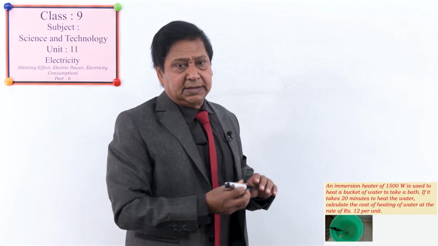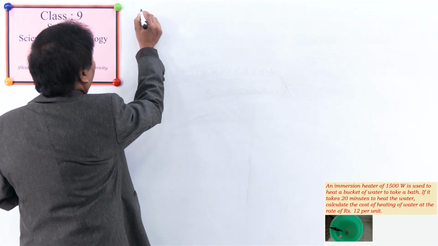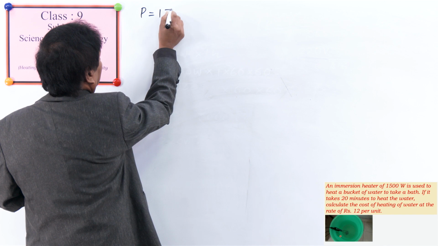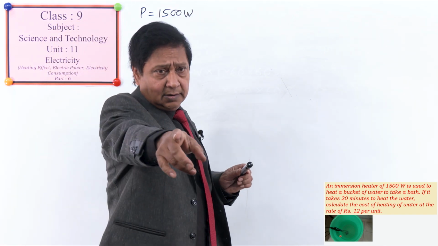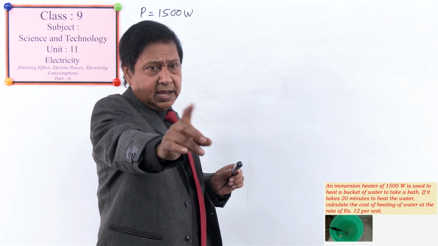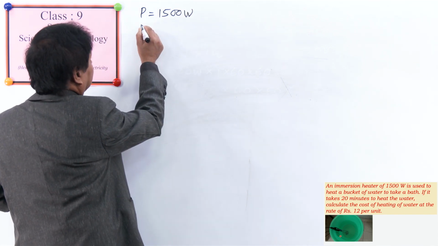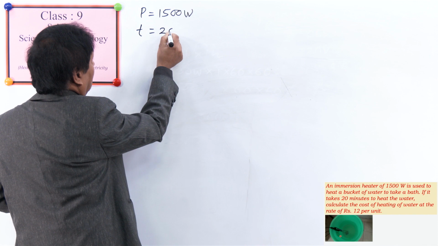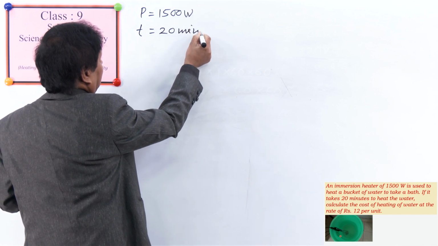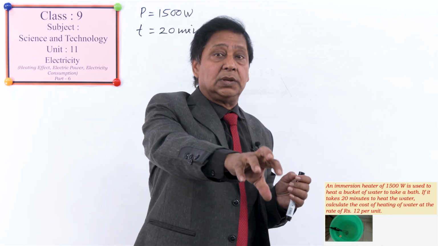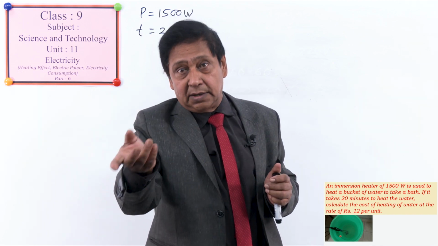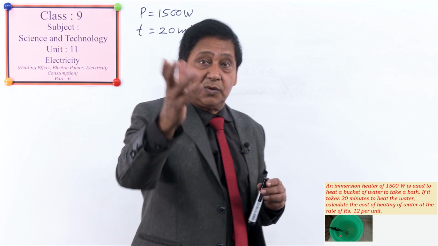Okay, what is given? Power is given. Power P is equal to 1500 watt, and to heat the bucket of water for a bath, it takes 20 minutes, time is given. Very interesting. In other numerical problems, we were converting the unit into SI unit, but here we are converting SI unit into another.